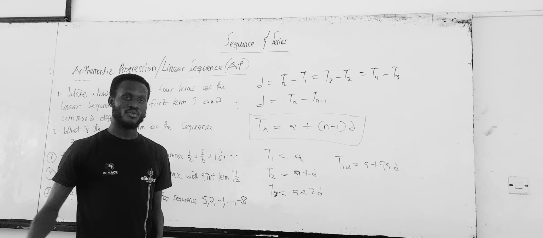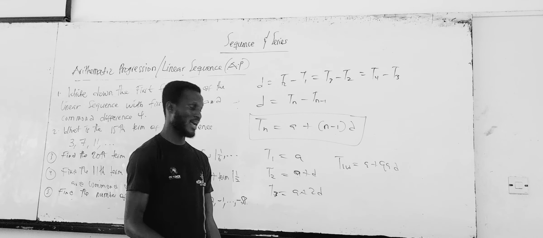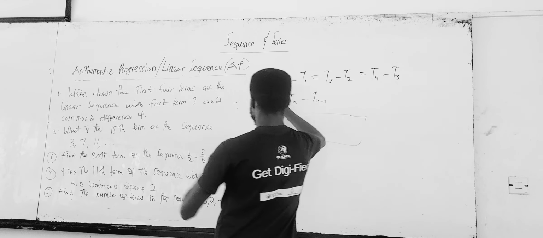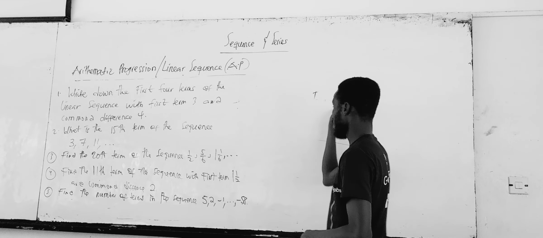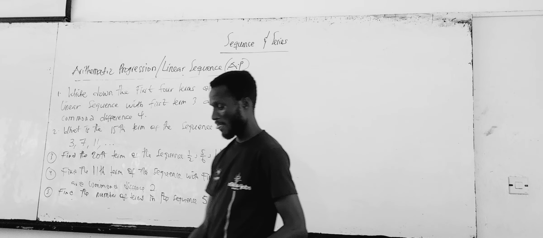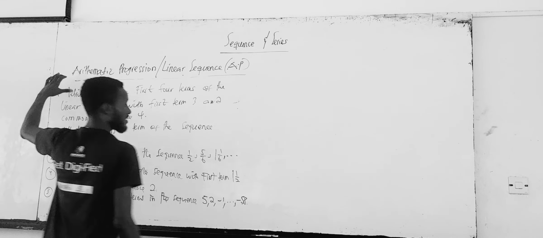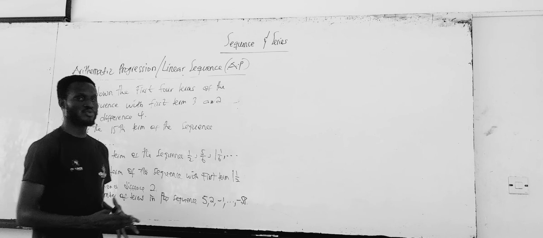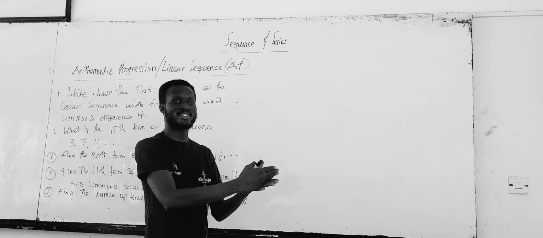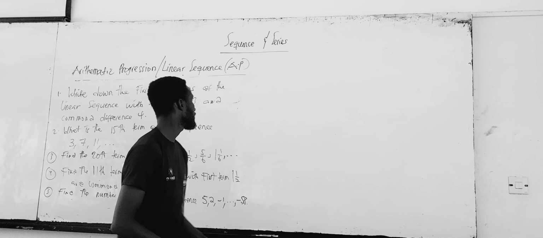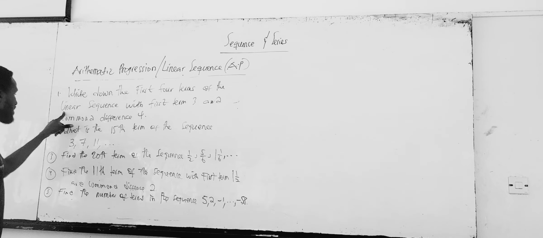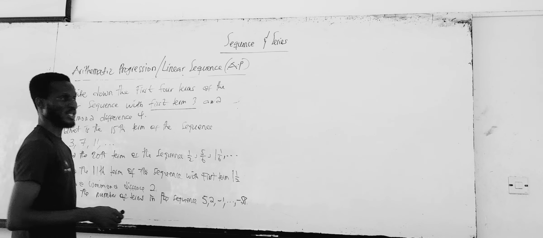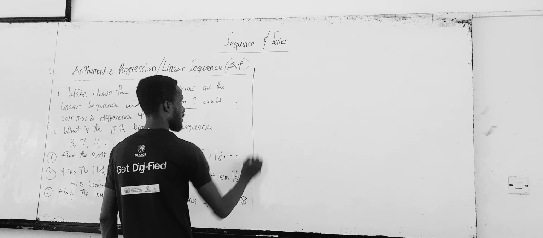Now for each particular question, I'm going to teach you how you can utilize the formulas. After that, I'll give you time to solve. Now let's look at this. The first question says we should write down the first four terms, which means the first term, the second term, the third term, and the fourth term, of the linear sequence with first term 3.